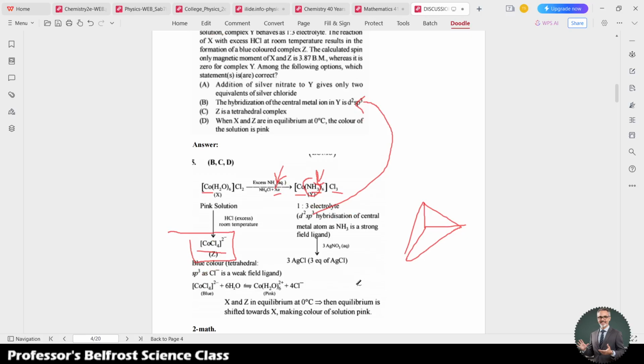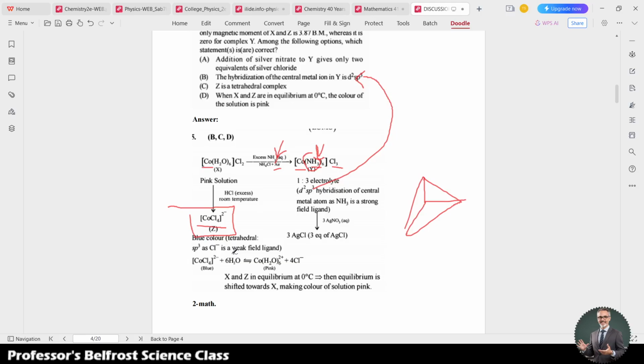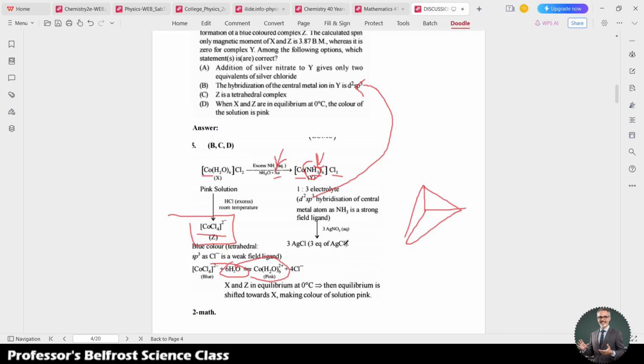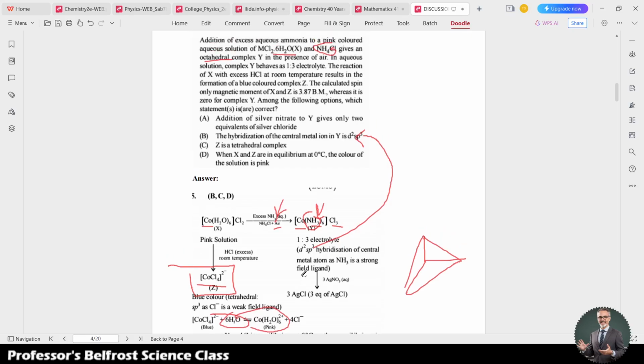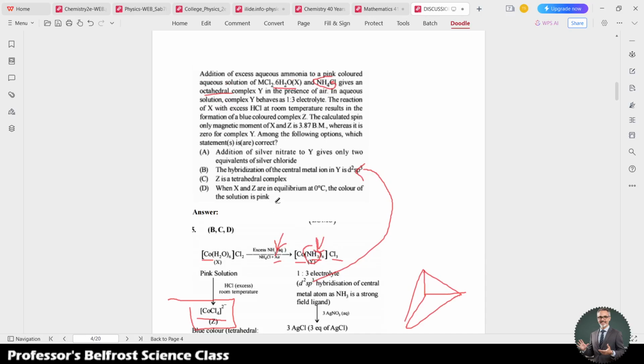The blue one, if it reacts with water, becomes like this, the cobalt hydrate, which is pink. The equilibrium shifts towards X, making the color pink. Tetrahedral, this is a weak field ligand. So the solution will shift from blue to pink. So the correct answers are B, C, and D. Actually it's very straightforward.